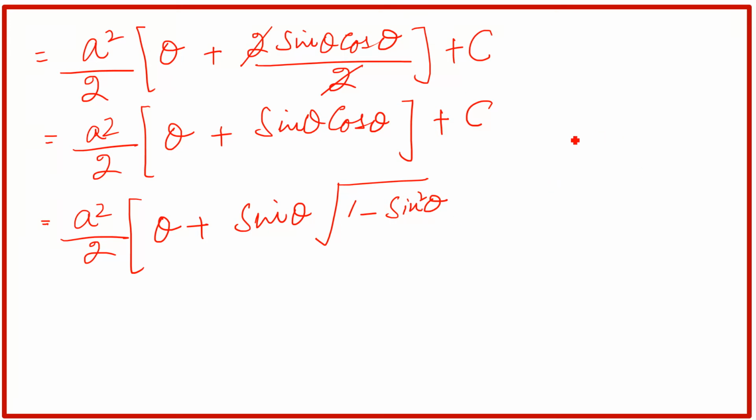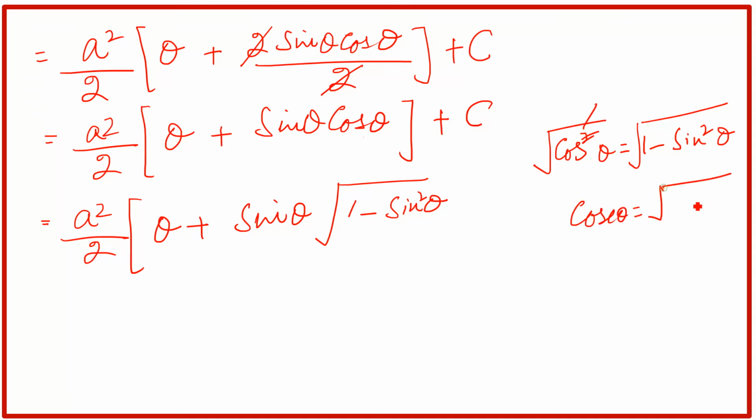Why? Here, cos square theta is equal to 1 minus sine square theta. But here we have only cos theta, not cos square, so we will take the square root on both sides. The square root cancels the square, so cos theta is equal to the square root of 1 minus sine square theta. That is why I have put it here.